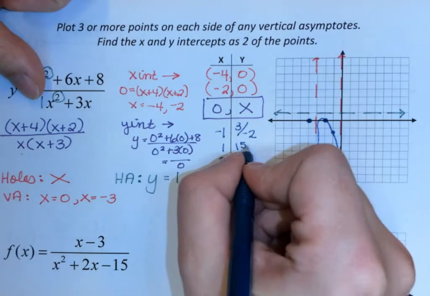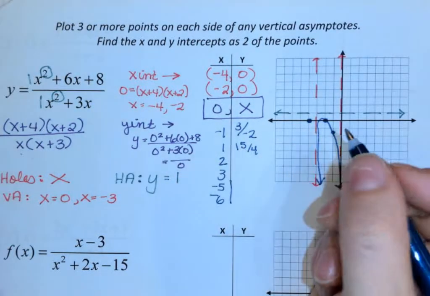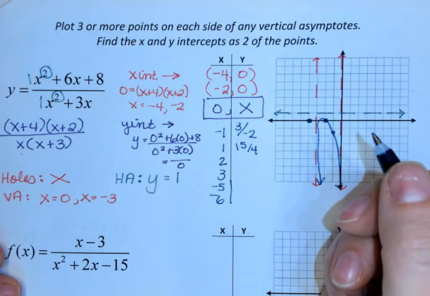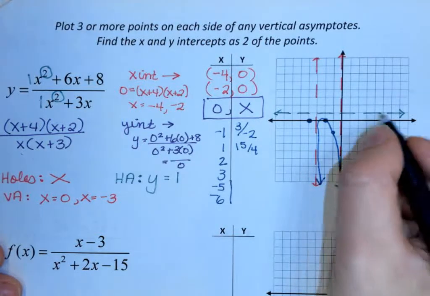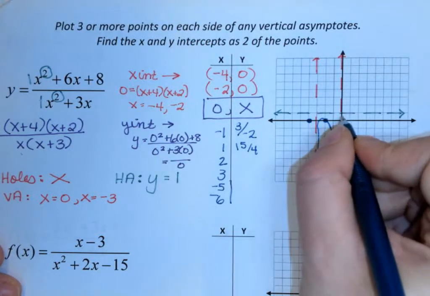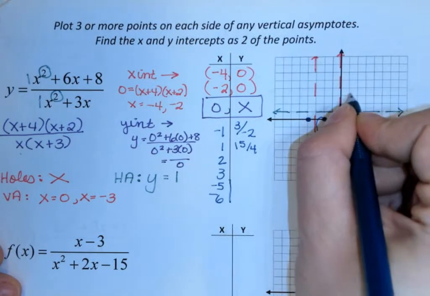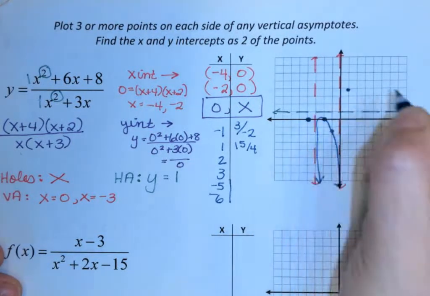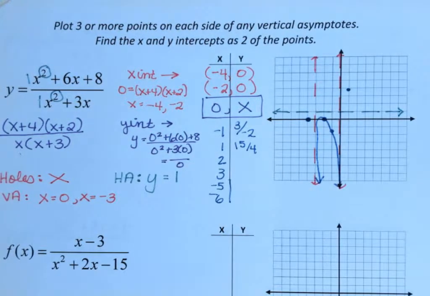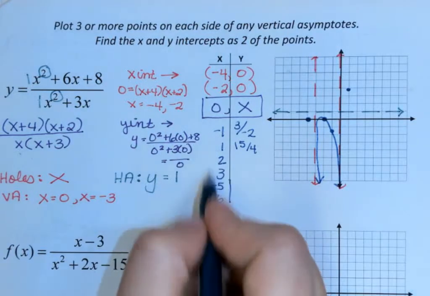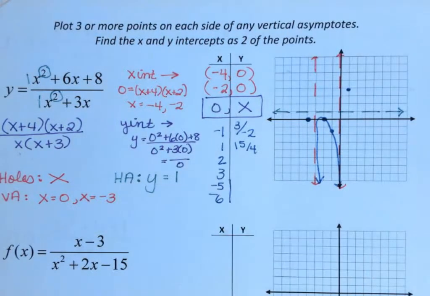So that's going to give me... So 4 goes into 15 about how many times? Almost 4. So 1, 2, 3, almost 4. So what I want you guys to do is finish these coordinates so that we can have more points to plot.